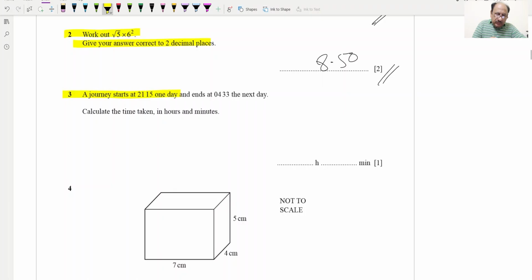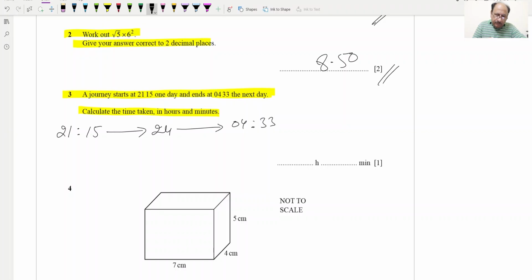Now question number 3. A journey starts at 21:15 one day and ends at 4:33 on the next day. Calculate the time taken in hours and minutes. So we can check from 21 hours and 15 minutes up to 24, and after 24 it will be for this one.